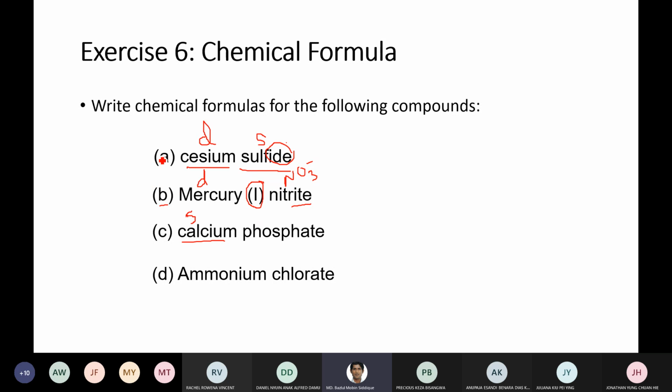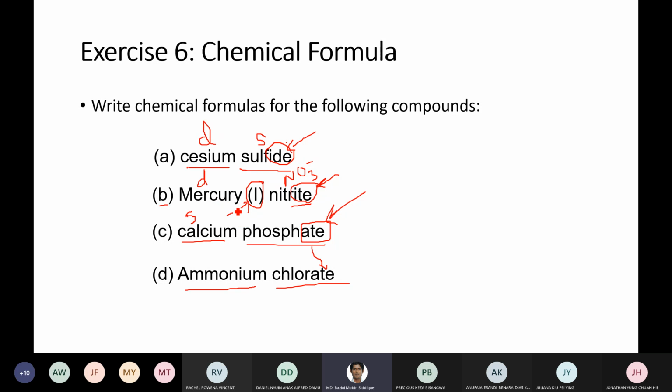Mercury is D block. And phosphate, ATE is added, and phosphate comes from phosphorus, right? So these are the differences we are noting here: one is ide, one is ite, another is ate, another is the Roman numeral in between, and then calcium chlorate as well.